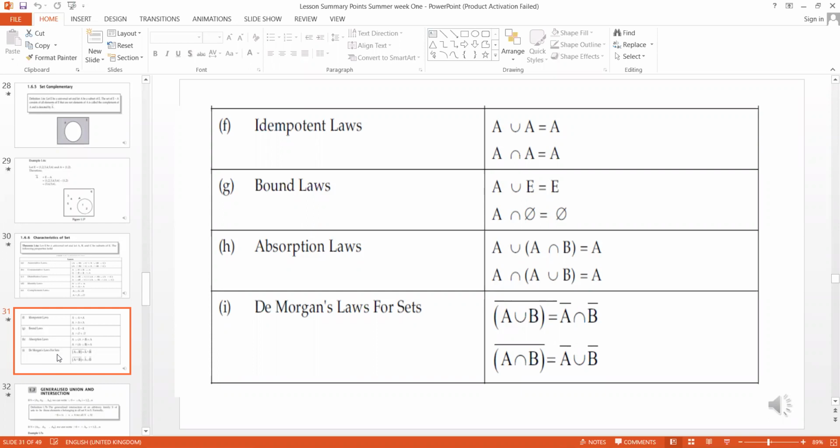So you have to learn them, especially De Morgan's law, which tells us that the complement of A union B is equal to the complement of A intersection the complement of B. Which also works for the intersection. So you take note of that. Make sure you learn these laws, please. Don't take them for granted.